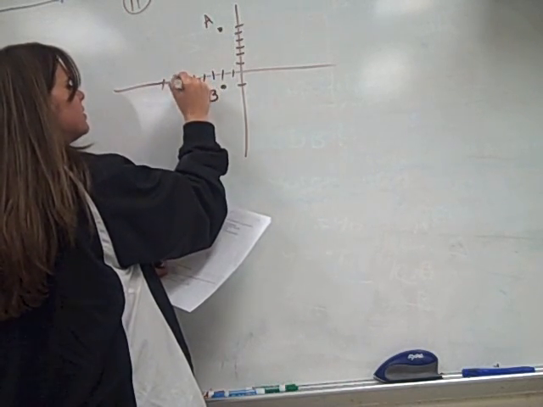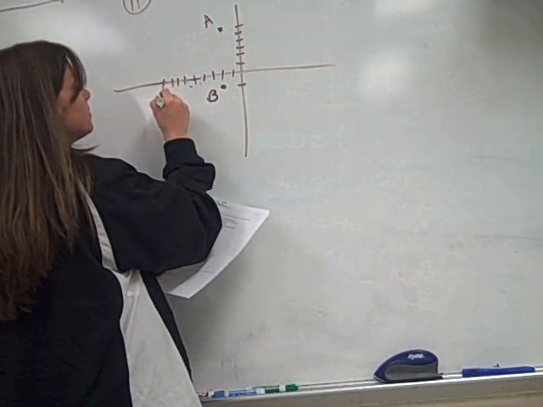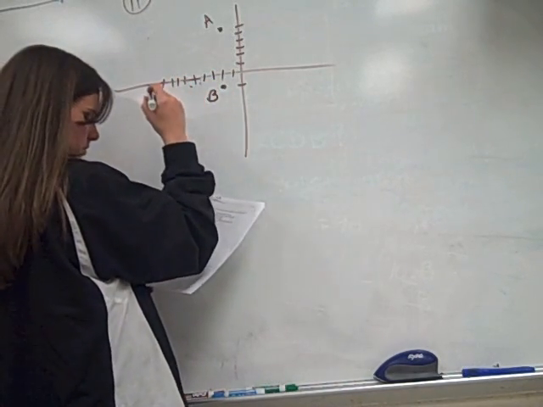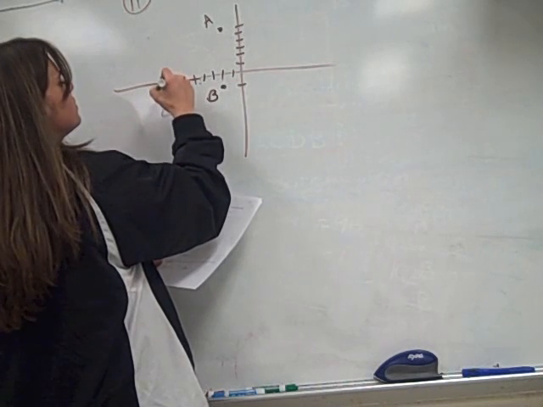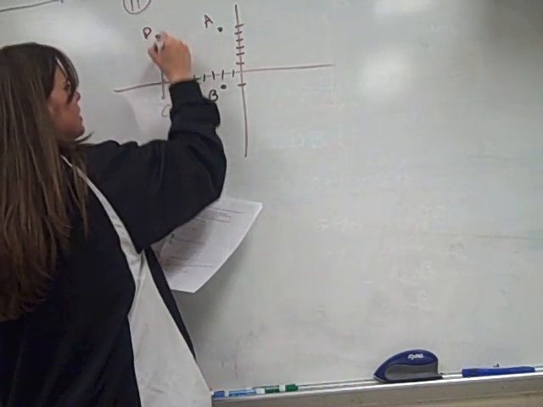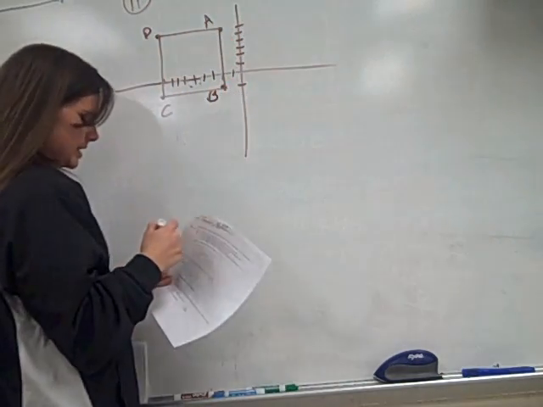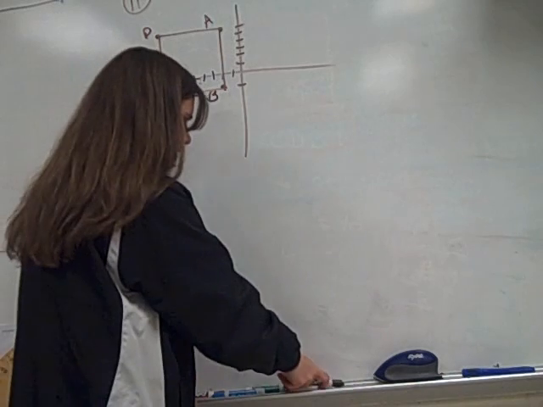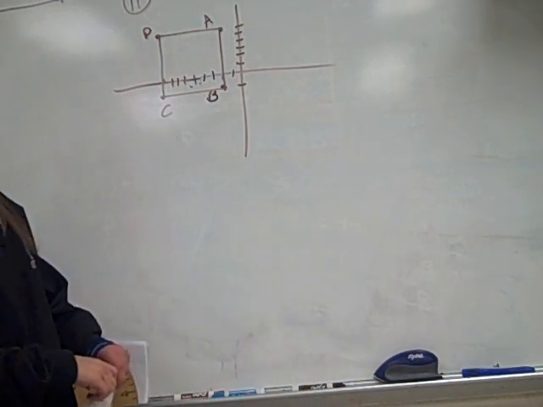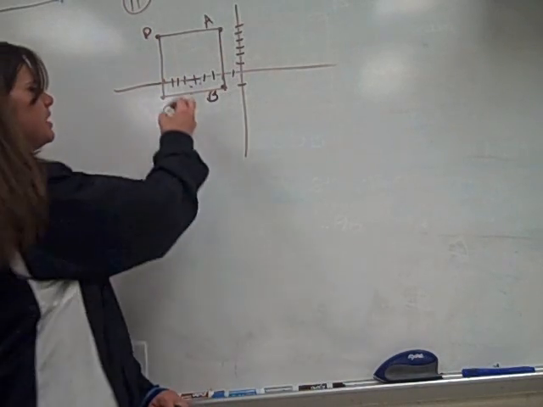Alright, real rough sketch here. Alright, so here's what I got. And we're asking ourselves, is it a square, is it a rectangle, is it a rhombus, is it all three? Well, this is kind of nice.